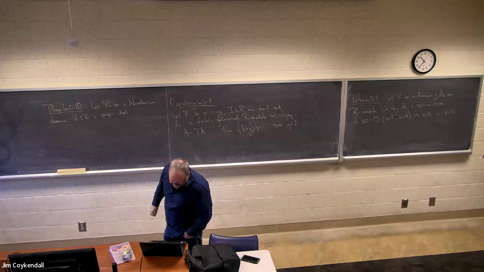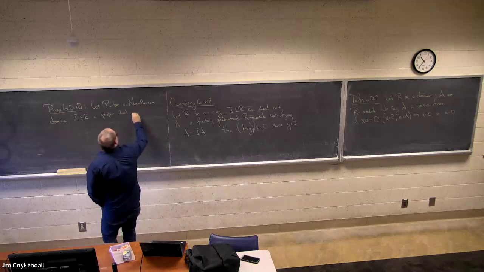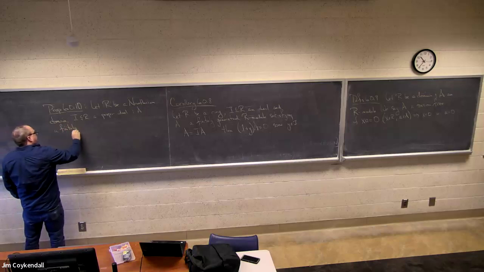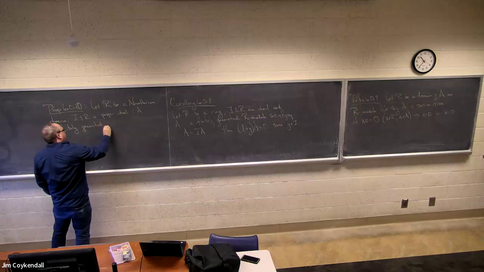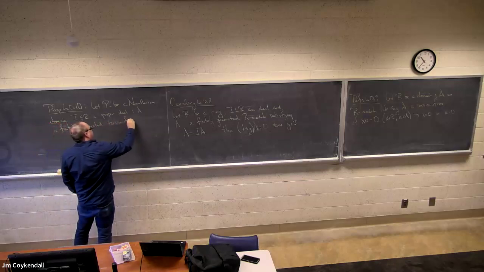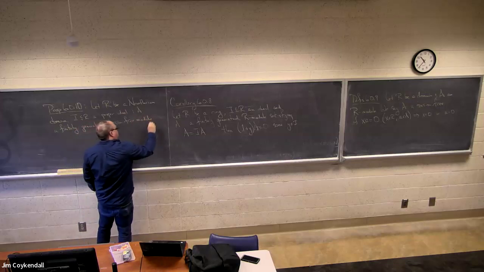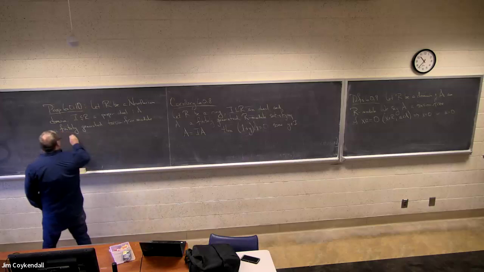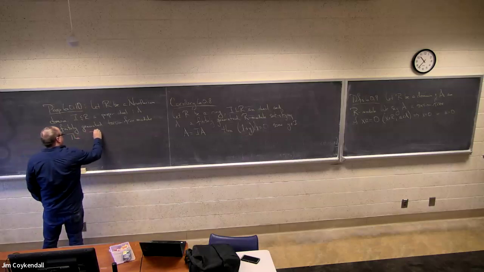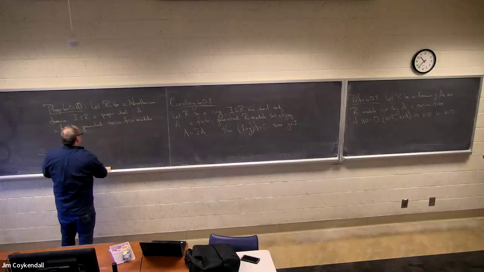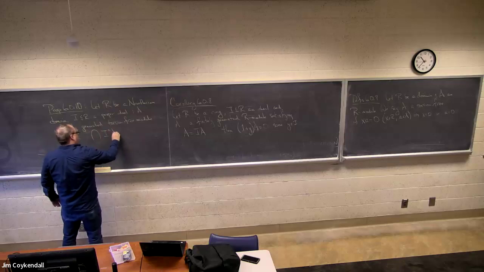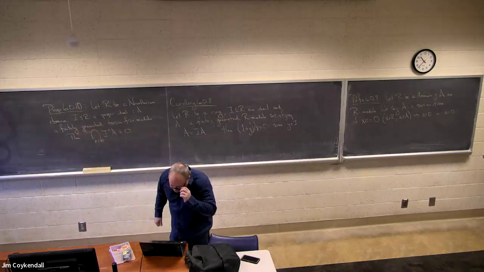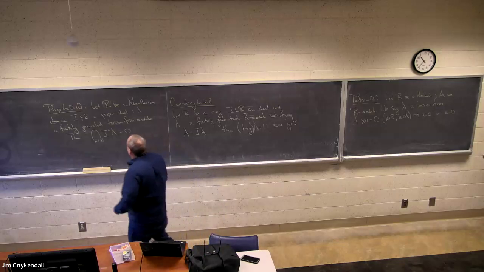And A a finitely generated torsion free R module. Then if we intersect I^n A, we get 0.